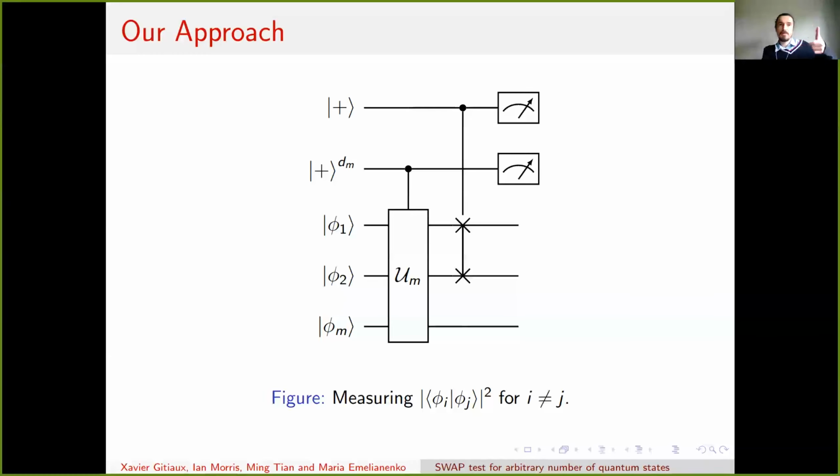There is a state where the pair phi i, phi j is going to show up. And then I'm just going to do one more control swap, which I described here, and do measurement on the top auxiliaries.